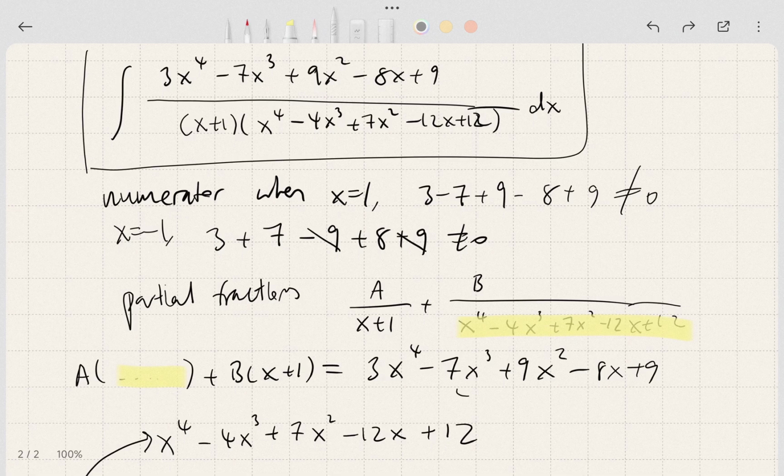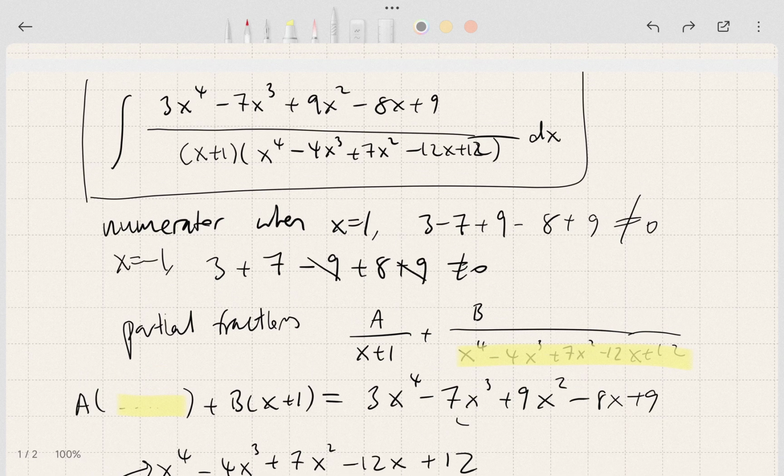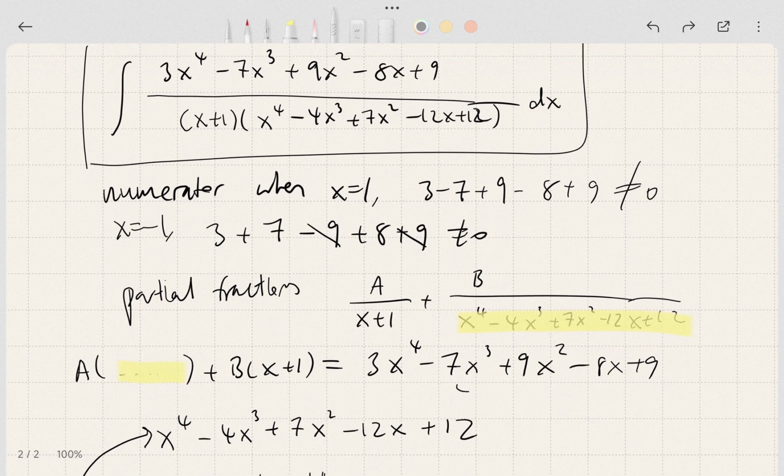Obviously, we know that there's going to be something like this. There is going to be a partial fraction, and we do that.